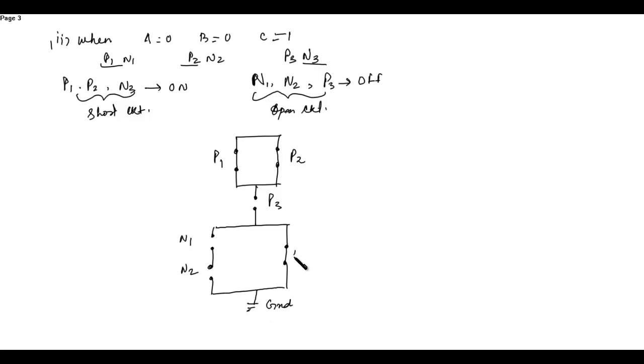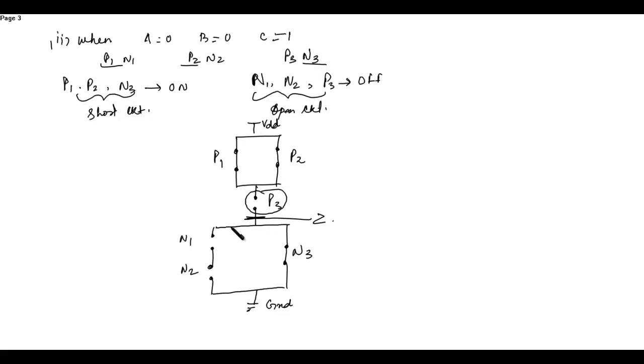This is ground, N3. So from here you can clearly see this is the output Z. You can see that P1 and P2 are short circuited, but P3 is open circuit. So this will block the high voltage.